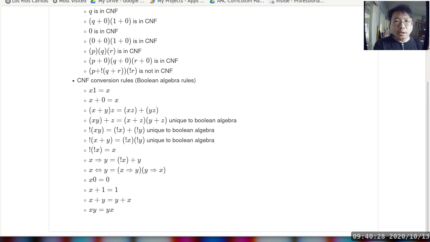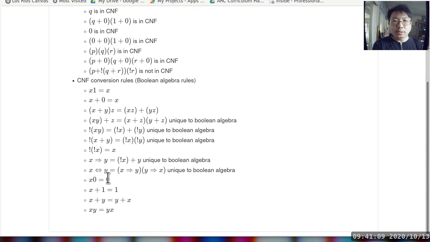This one is not really so unique, because if you look at logical negation as arithmetic negation, that is something that we find in normal algebra as well. Implication is unique to Boolean algebra. This one, if and only if, is definitely unique to Boolean algebra.